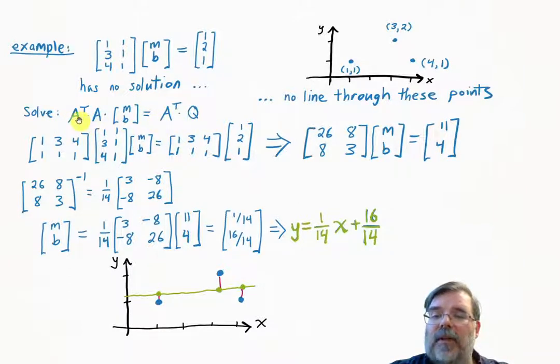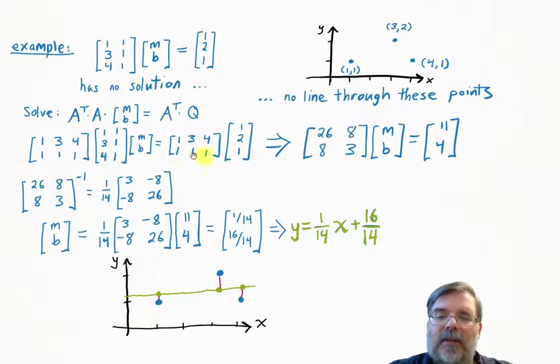I want to multiply both sides by the transpose of the coefficient matrix. For the transpose, you just turn columns into rows. We've got to multiply both sides by that. Then you've got a 2 by 3 matrix multiplied by a 3 by 2 matrix. The result is going to be a 2 by 2 matrix. It's pretty nice.